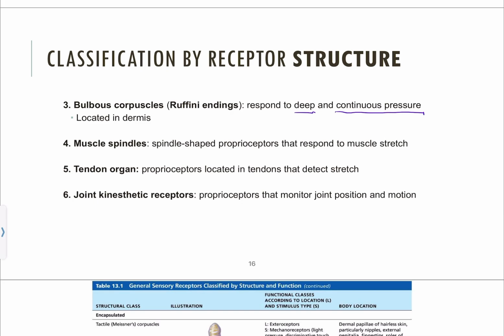Then we have joint kinesthetic receptors, also proprioceptors for motion, which monitor joint positions and motions. All three of these are proprioceptors. Muscle spindles detect muscle stretch. Tendon organs detect tendon stretch. Joint kinesthetic receptors monitor joint position and motion.